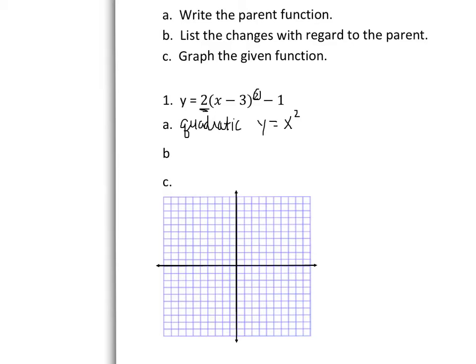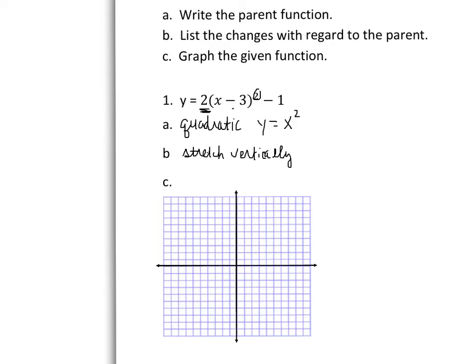So the 2 is on the outside. This is going to make it stretch vertically. It's really important that you tell me whether it's a vertical stretch or a horizontal stretch.